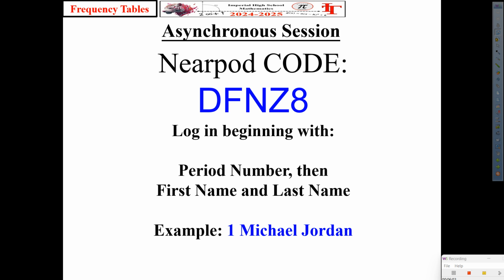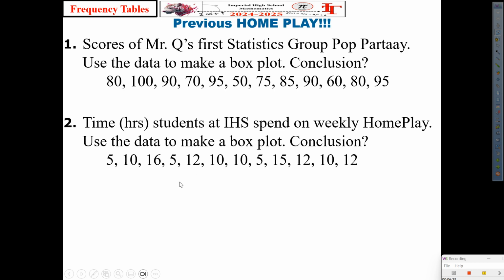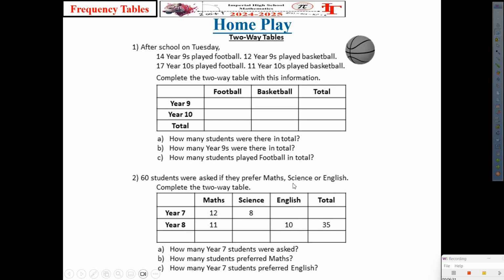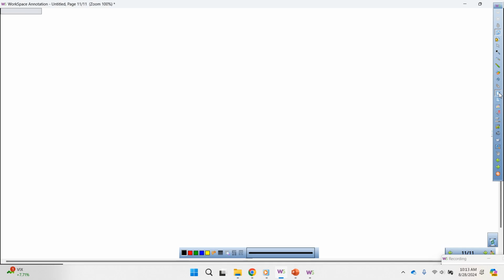Do that on your paper, bring it back to the next day, and you take a picture here and turn it on Canvas, okay? So, your home play last night were those 2. Make sure you turn that in on Canvas, including your science syllabus. Tonight's home play looks like this. Woo-wee! Let's go! We got this.